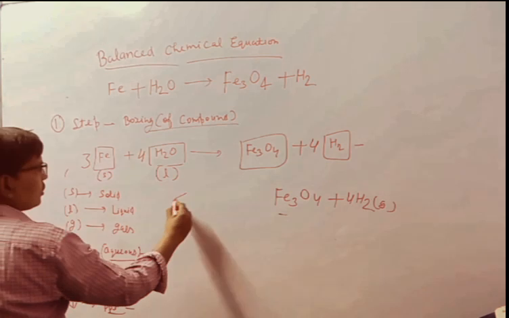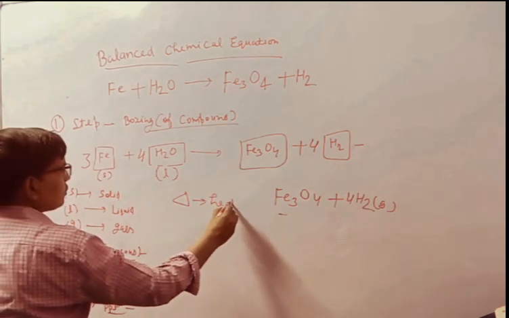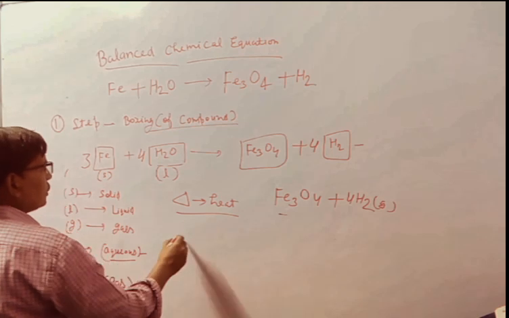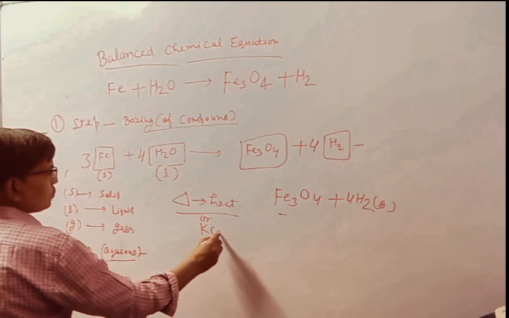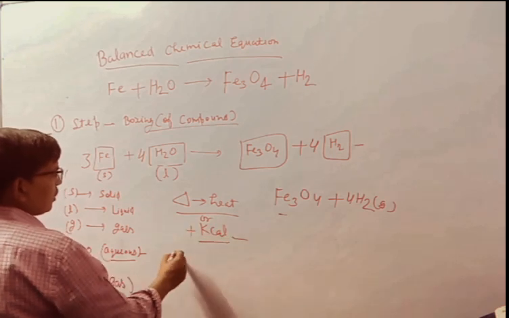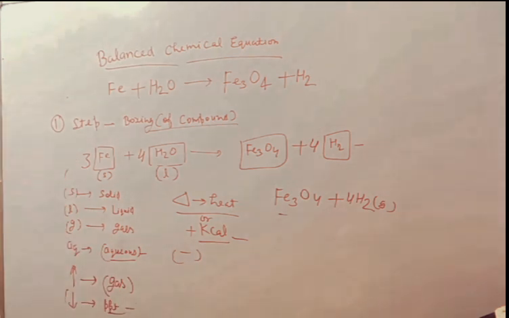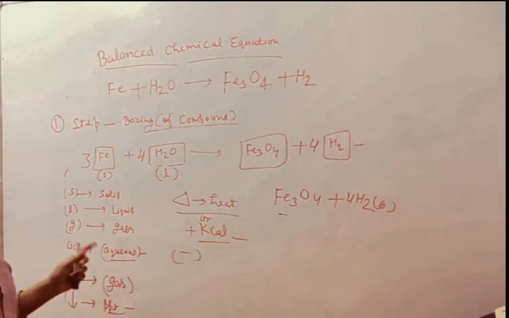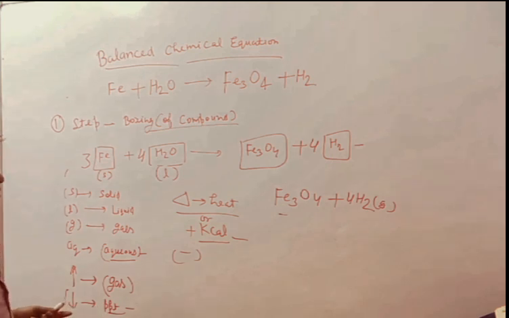If there is a symbol shown, it shows the heat. Otherwise, in the reaction it is already shown in kilocalorie or calorie, either plus or minus, means it is either endothermic reaction or exothermic reaction, means either the heat is used in the reaction to perform the reaction or heat is released during the reaction.